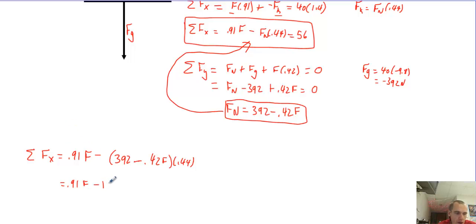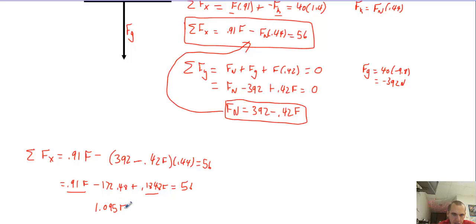So minus 172.48, and then a negative negative is positive, and 0.42 times 0.44 gives me 0.1848 F, and this, according to my equation up here, is equal to 56. Alright, so then I can combine my like terms, 0.91 plus 0.1848. So 0.91 plus 0.1848 is 1.095.